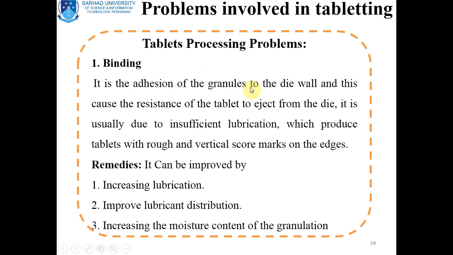Binding is the adhesion of the granules to the die wall, and this causes resistance of the tablet to eject from the die. That is usually due to insufficient lubrication, which produces tablets with rough and vertical score marks on the edges.